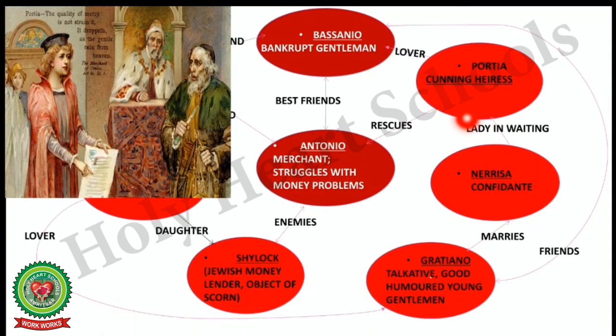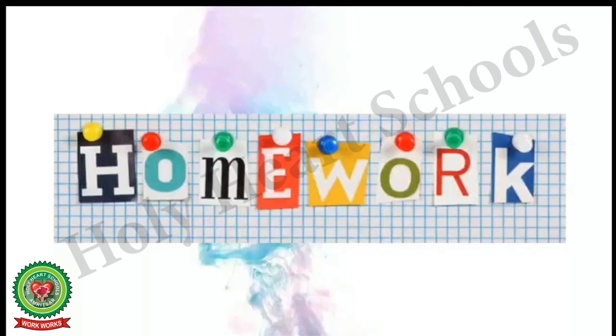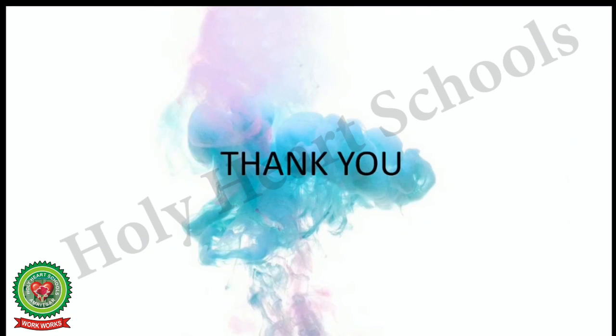She enters the court and saves Antonio with her wits and wisdom from the clutches of Shylock. I hope students you have understood the story properly. This brings us to the end of today's session. Your homework for today is to read and revise the summary of the play. Thank you.